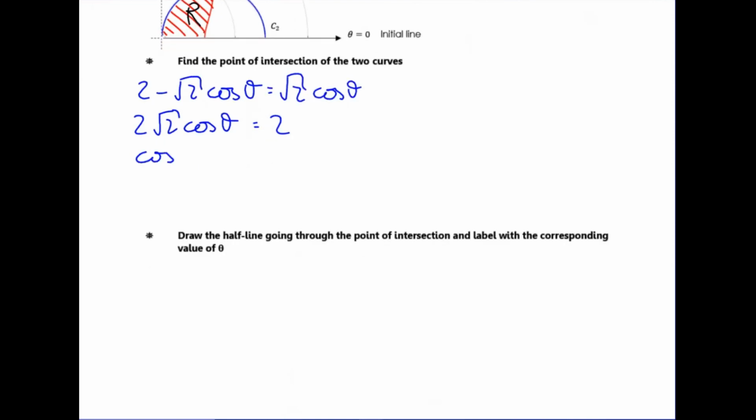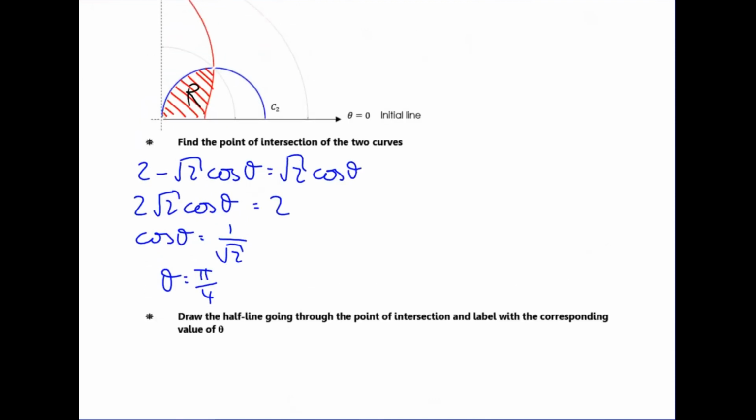If you divide 2 by that, you get cos theta equals 1 over root 2, or root 2 over 2. And it gives you one solution between 0 and pi over 2, which is theta is pi over 4. We don't need the r value really, the theta value is the important bit.